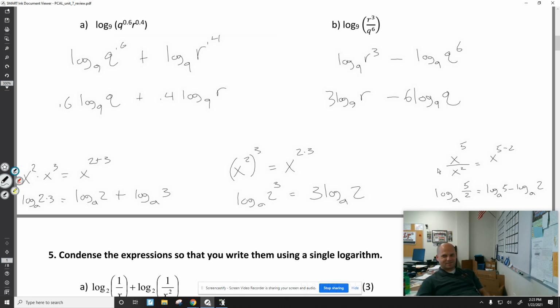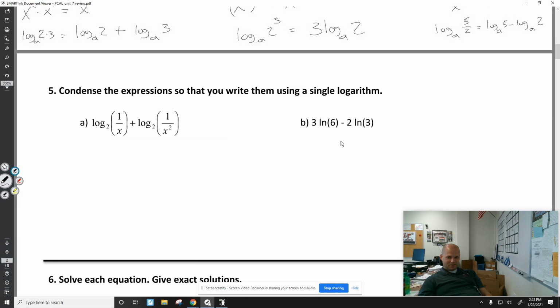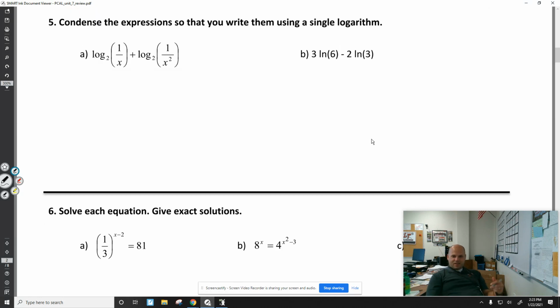Oh man, that's tough to write down for me. I'm a lefty, and my penmanship's horrible, as you probably can tell. So going the other way around, condensing, adding, as long as the logs are the same, you can then multiply what's inside of them.